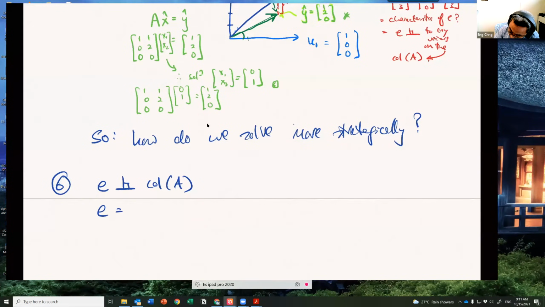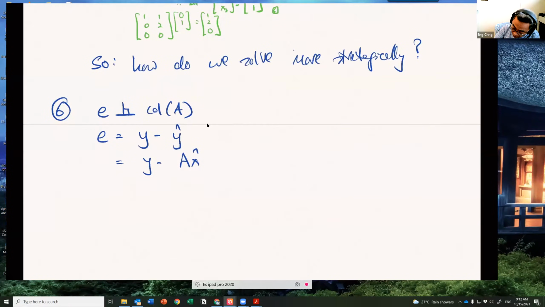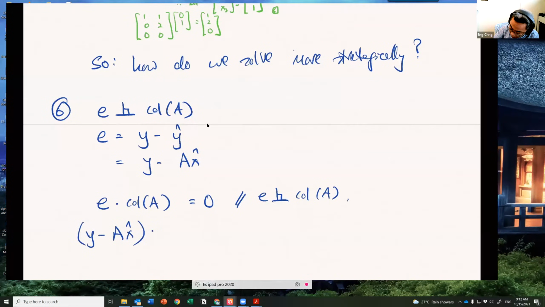E is equal to y minus y hat. What is y hat? Y minus A x hat. Then E dotted with the column space of A equals 0. This is E is orthogonal to the column space of A. So y minus A x hat dotted with the column space of A equals 0.